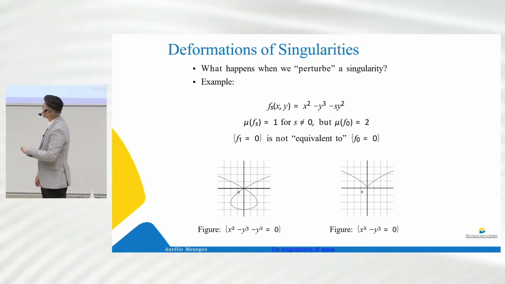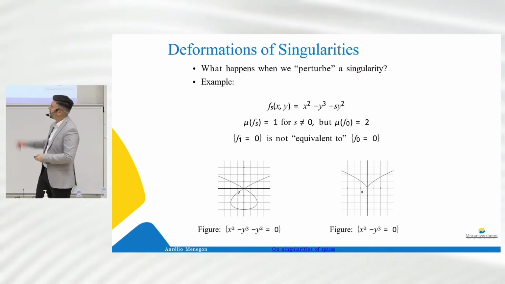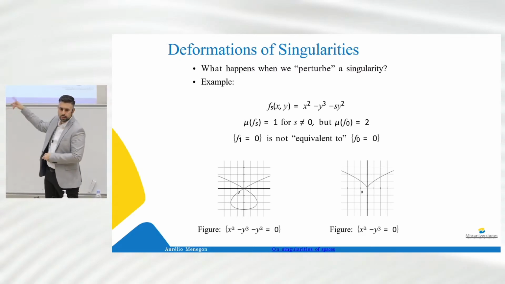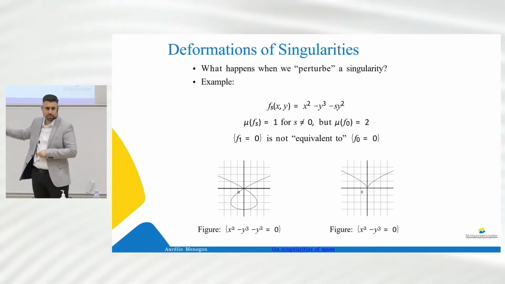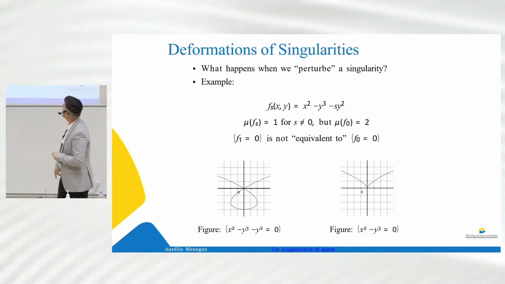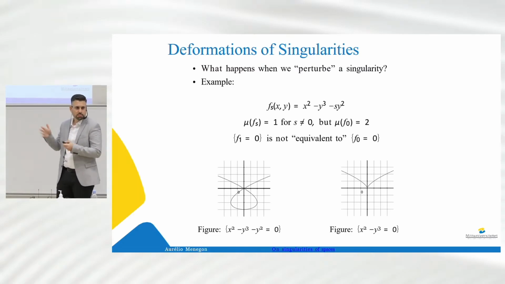This is the solution set of the polynomial when s is 1, and this is the solution set of the polynomial when s is 0. And they are very different in nature, right? Very different curves. And this happens because the Milnor number, that ugly number I just showed to you, is different. Here the Milnor number is 1, and here the Milnor number is 2. So this is why this is happening.